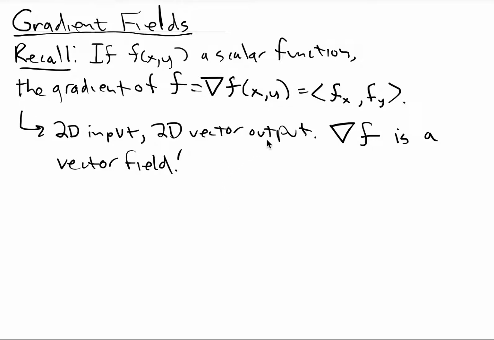You'll notice, if I look very carefully at what we're doing with the gradient, in 2 dimensions, this is a function that takes 2-dimensional input, and it spits out 2-dimensional vector output. Now, per our definition that we gave earlier, that means that the gradient of f is actually a vector field. We can go ahead and make a similar comment for the 3D version.